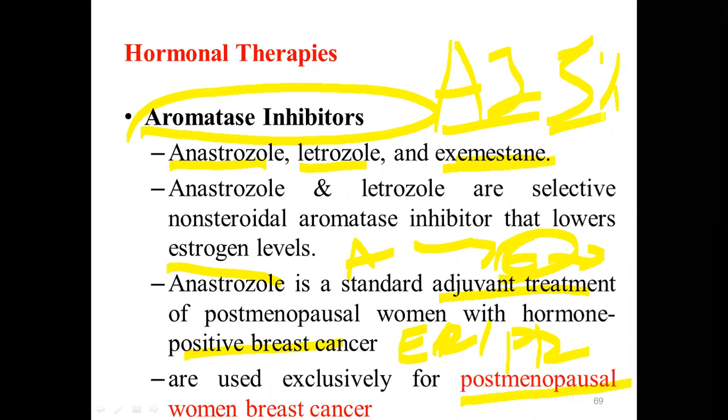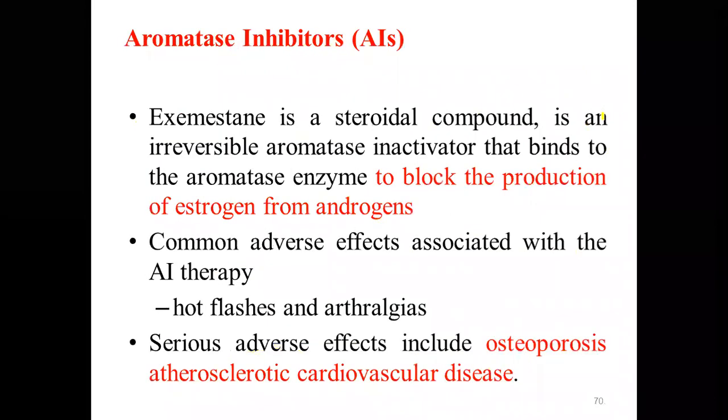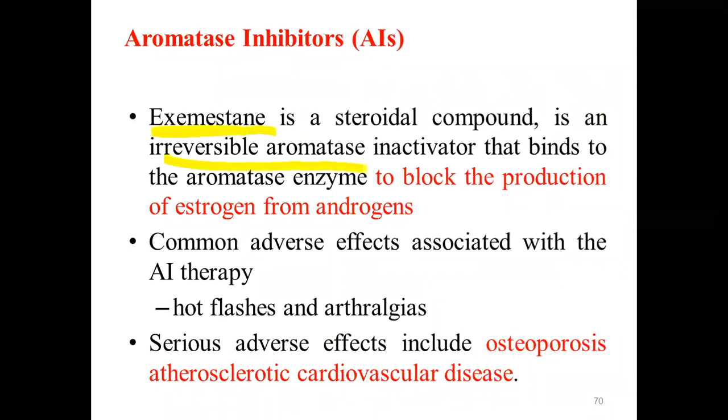So this one is exclusively used in postmenopausal woman breast cancer, but it should be hormone receptor positive. So you have to note. Then another point to note with aromatase enzyme inhibitors: exemestane is an irreversible inhibitor.